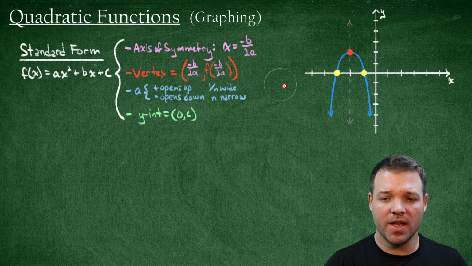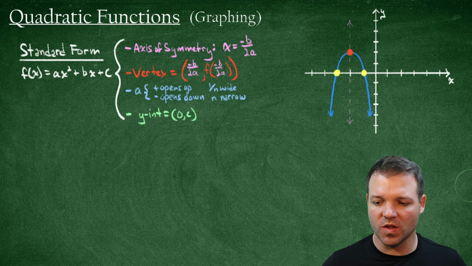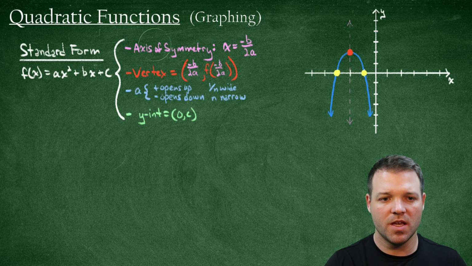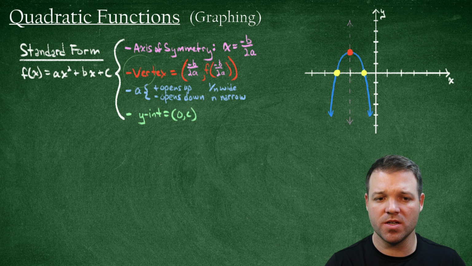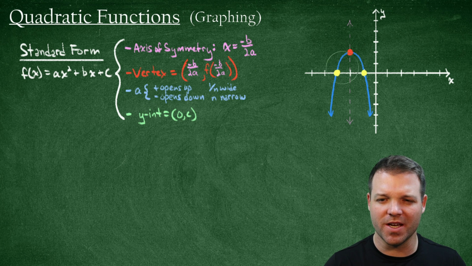As I said before, in pink we have the axis of symmetry. The reddish is going to be the vertex. The blue is going to be the a value, which tells you the overall shape of the parabola, which we'll talk about in a second. Anything in green is just going to be some extras.